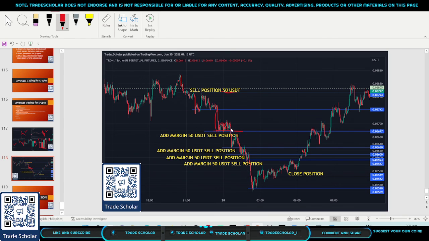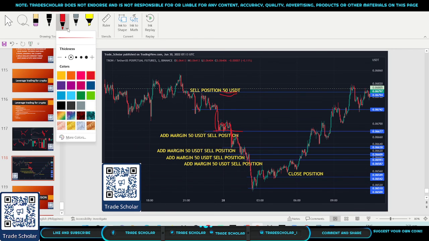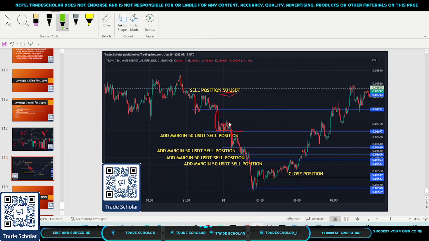Once it breaks, you can add another margin. So if you are trading in $50, then once this breaks, there is more to the downside. Okay, once this breaks, let me erase. Once this breaks, that's a sell position again.